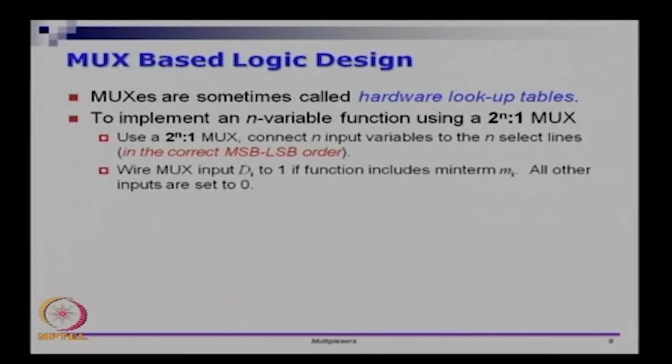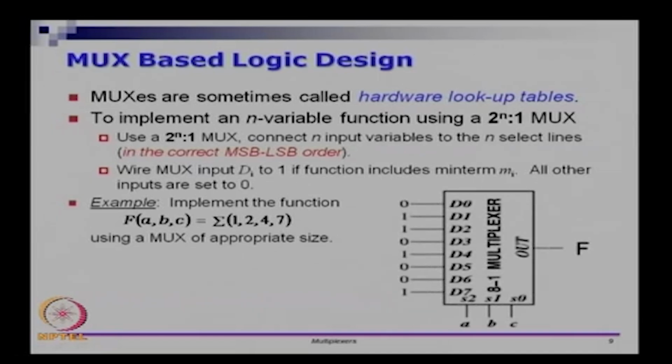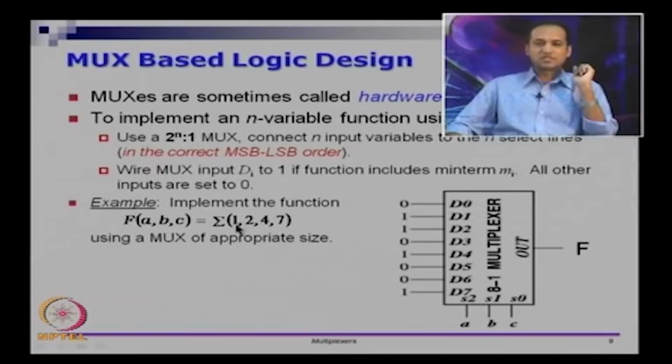So we will wire the mux in such a way that, let me show you the circuit with a small example. Suppose you want to implement a function f of a, b, c, which is sigma of 1, 2, 4 and 7. Let us see how to do that. The first thing we notice is that the minterms go up to minterm 7, which happens only for a 3 input circuit.